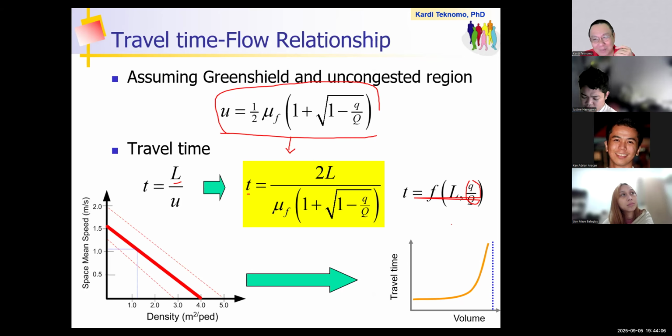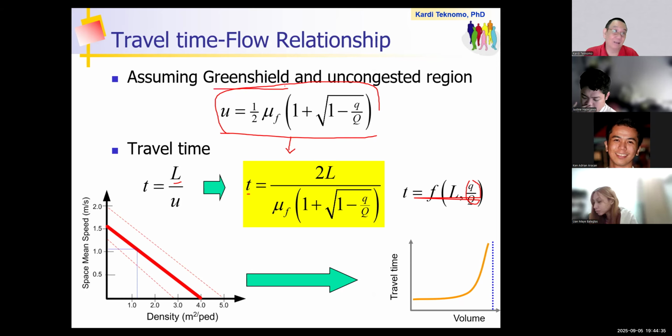We cannot divide something by the largest, right? Yeah, in Greenshields, you cannot have that because if the volume is larger than the maximum, this becomes negative, so it becomes an irrational number. So the congestion cannot go beyond 1 in Greenshields.